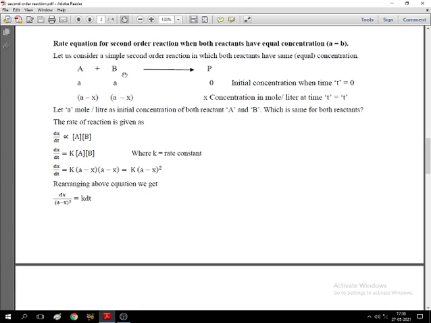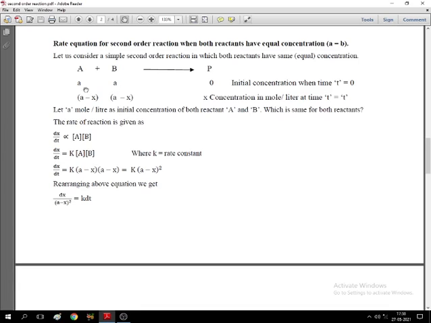That is A plus B gives the product P. Let A moles per liter be the initial concentration of reactant A as well as reactant B, as both reactants have the same concentration.